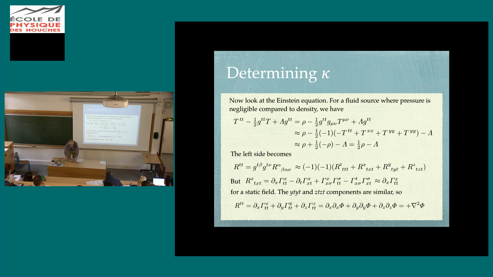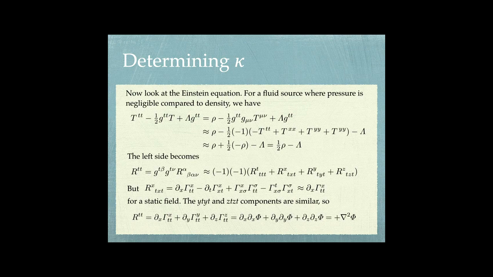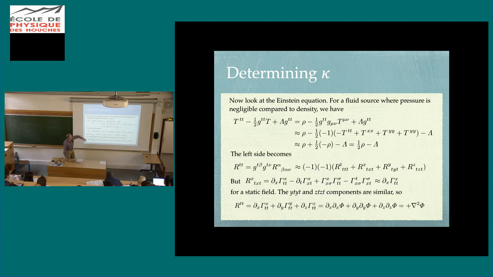And hold that in your mind for later. And then you look at the Einstein equation and you expand it out to the same order. And I'm not going to go through the details here, but it turns out that the Ricci tensor, or time-time component, corresponds to the left-hand side of what we want.